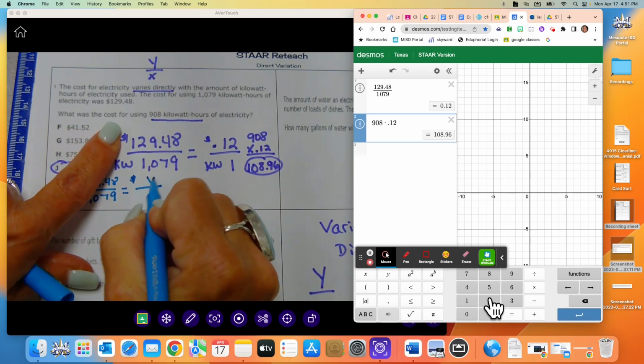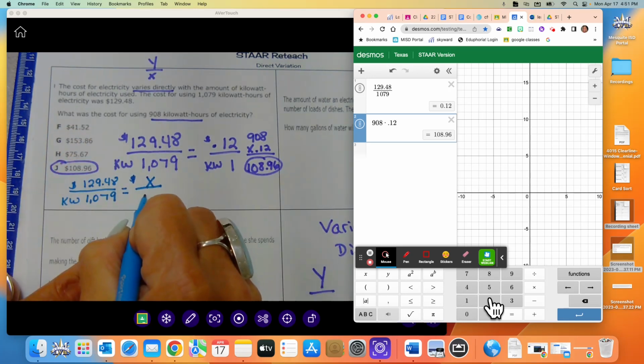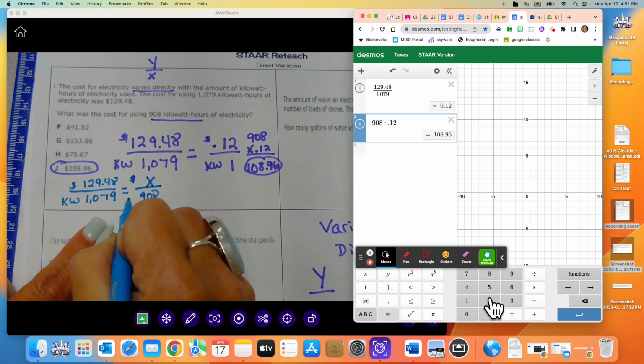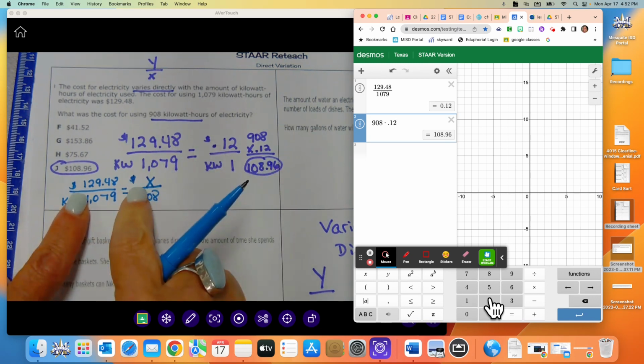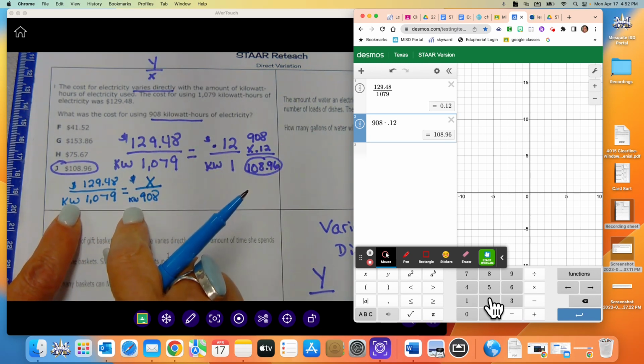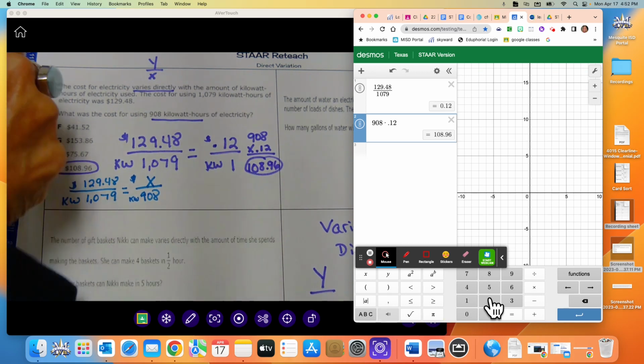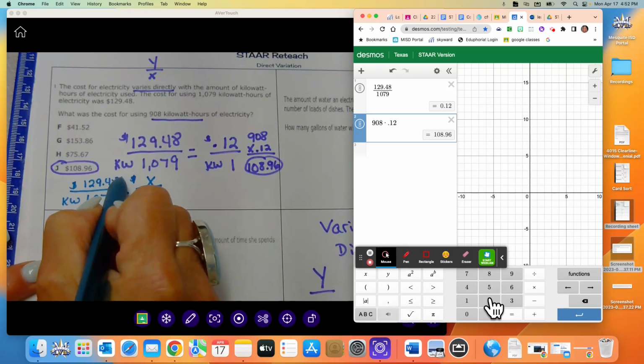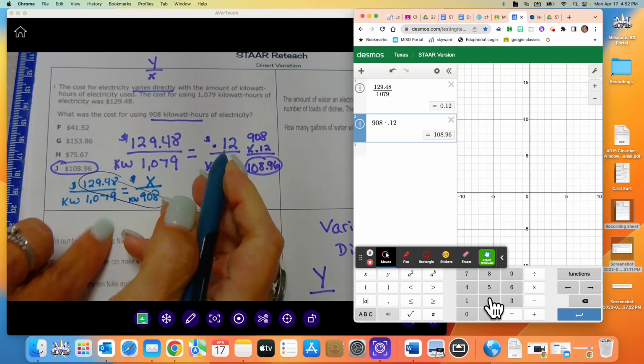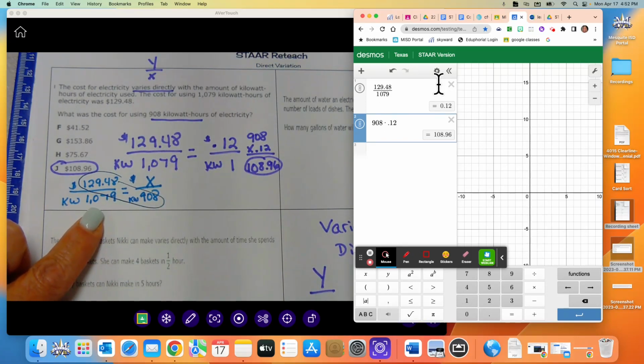So we don't know how much it is for 908 kilowatts. Money on top, kilowatts on bottom. So we are going to cross multiply.